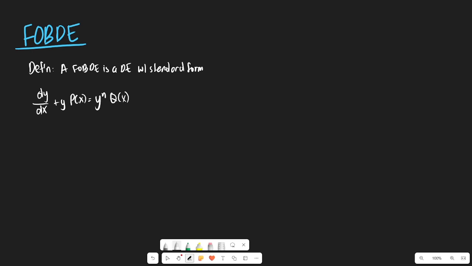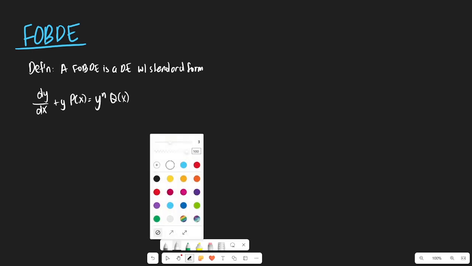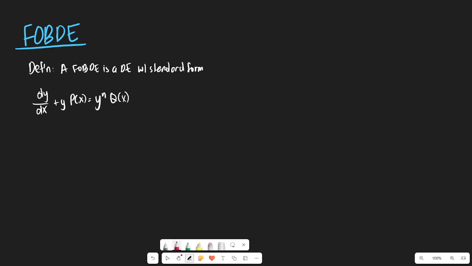As you can see, the only difference between a FOBDE and a FOLDE when it comes to the standard form is that a FOBDE, for example a FOBDE in y, has an extra y raised to n.